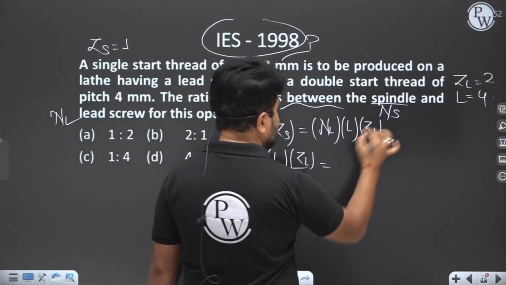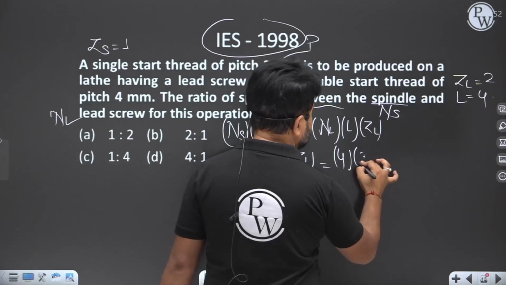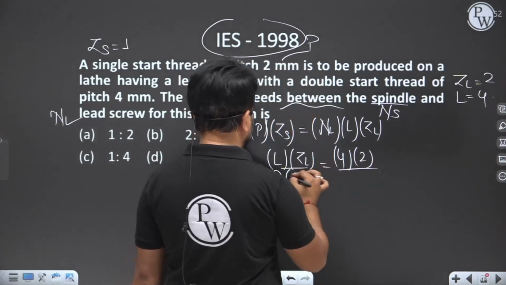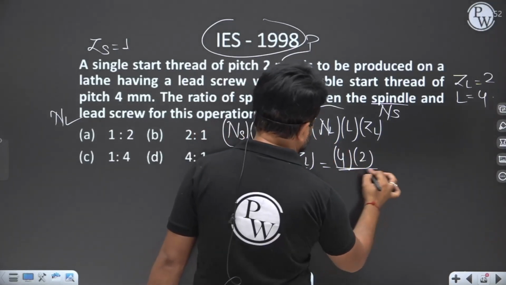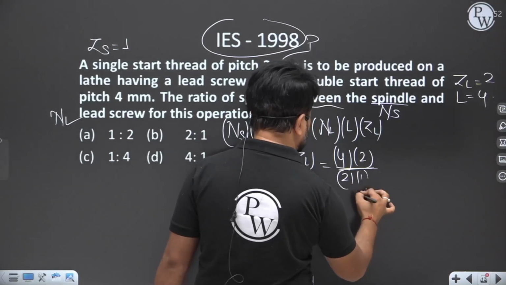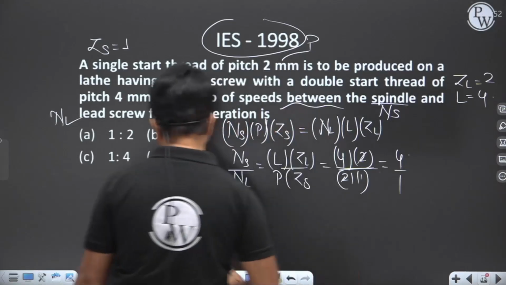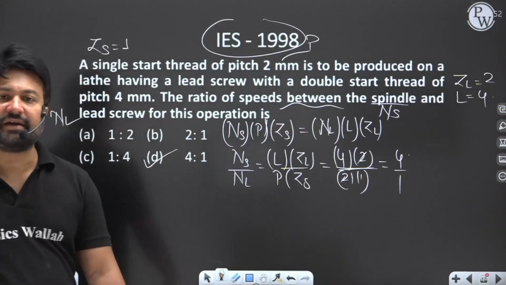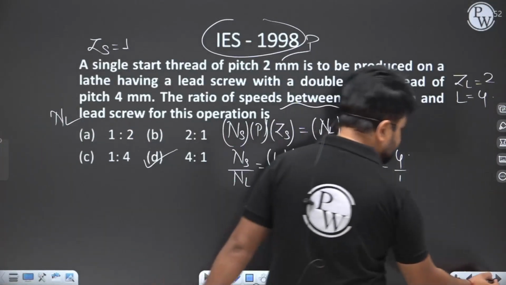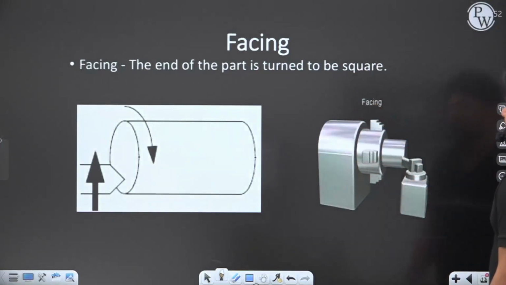L is 4, ZL is 2, P is the pitch of the workpiece, that is 2, and the number of starts is 1. So it comes to 4 divided by 1, that is 4 is to 1. The answer is D.